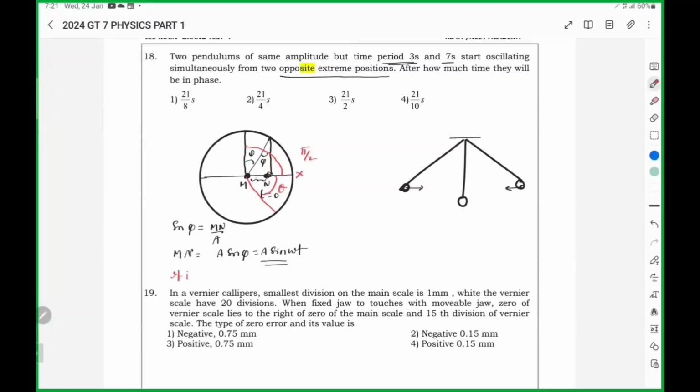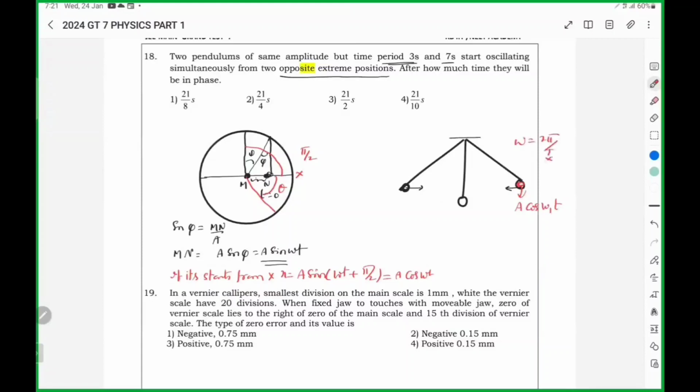If it starts from the right extreme x, then the equation which we have to write, because the initial phase is pi by 2, is A cos omega t. He told the same amplitude, but the time period is different.